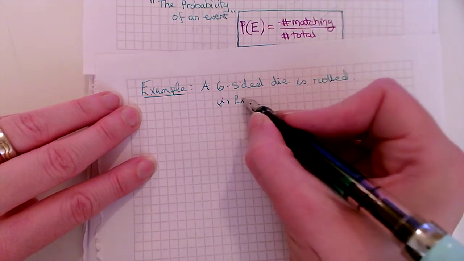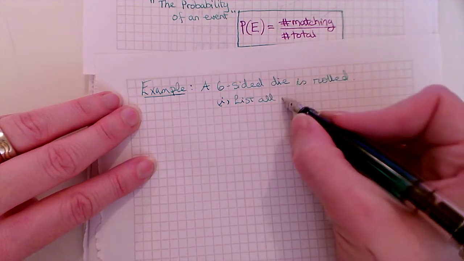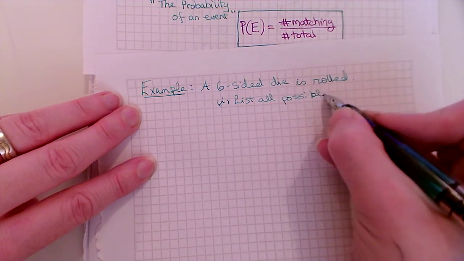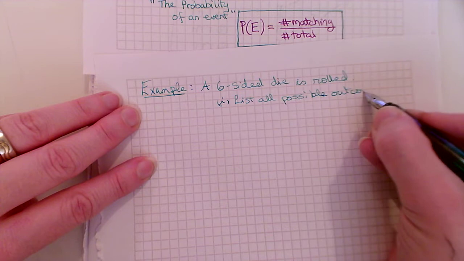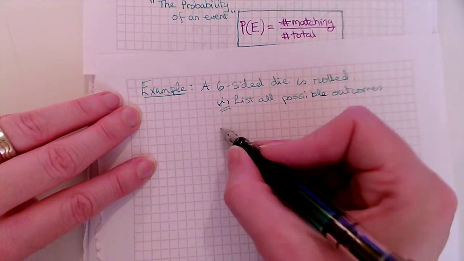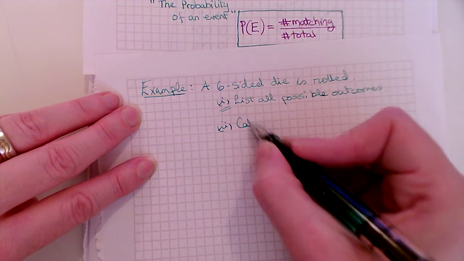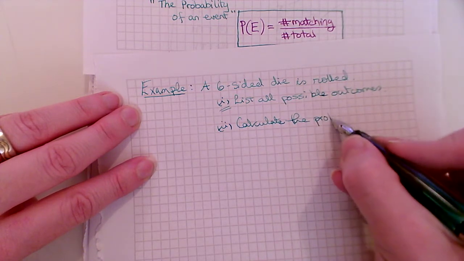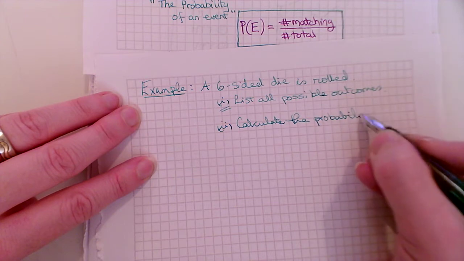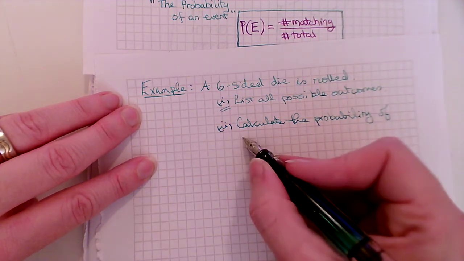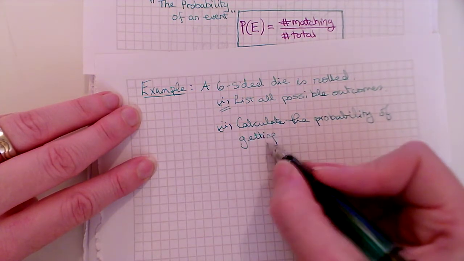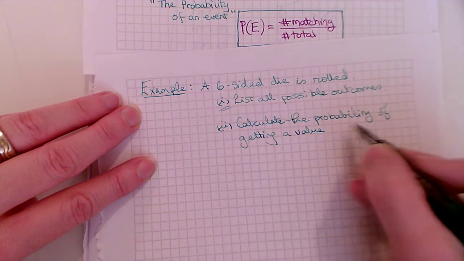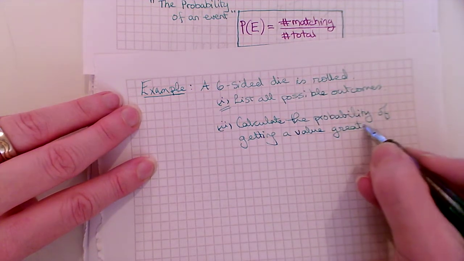One, list all possible outcomes, and calculate the probability of getting a value greater than 4.